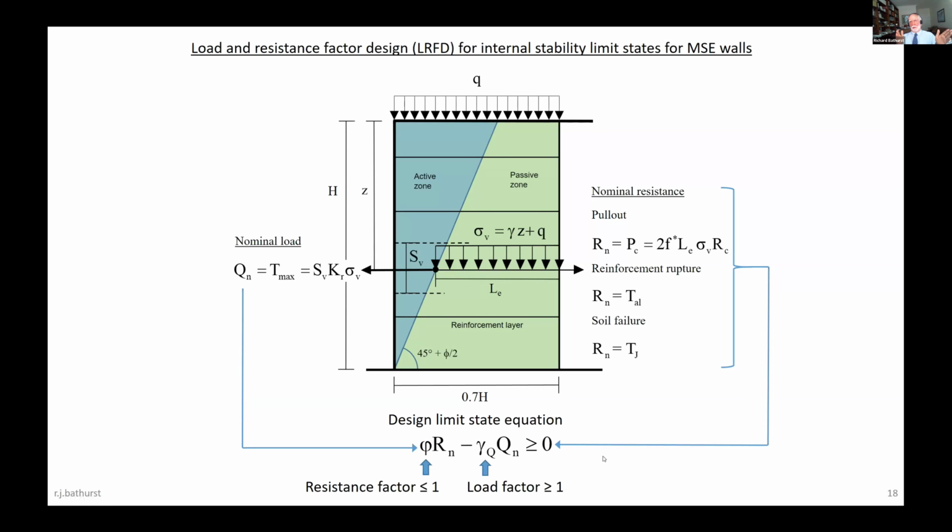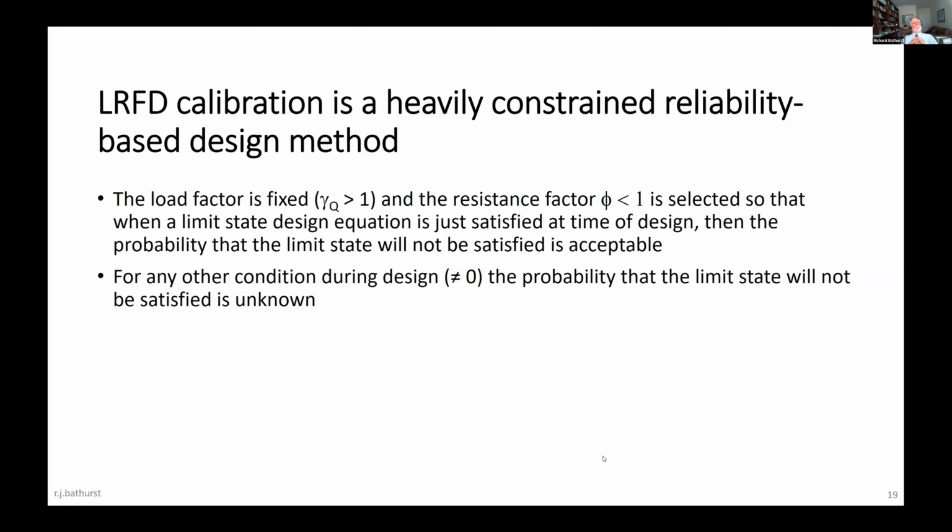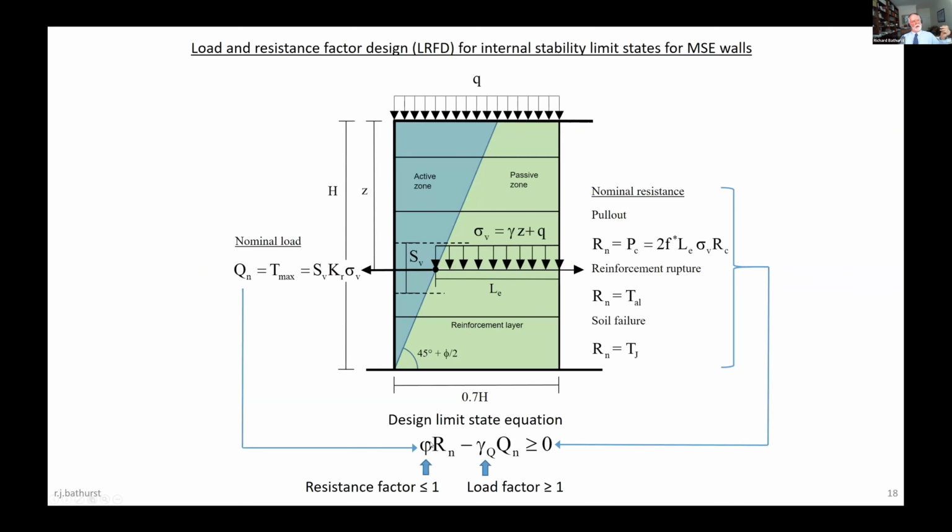And your design, for each reinforcement layer, has to satisfy this limit state equation. Now, what I've been involved in is the calibration. In other words, what is the value for this resistance factor, given that the load factor is prescriptive?